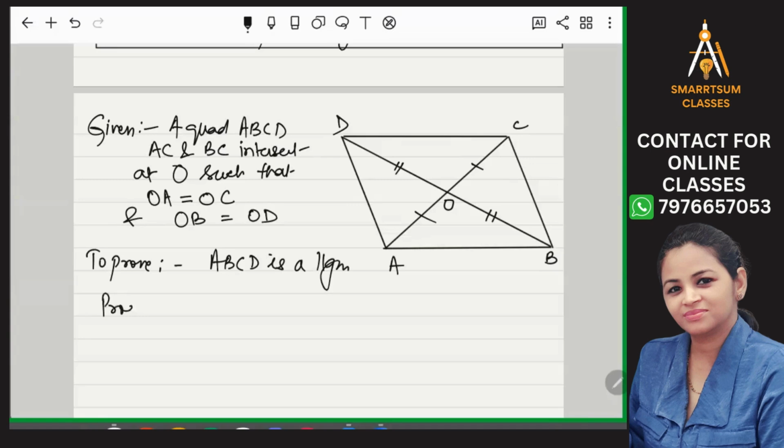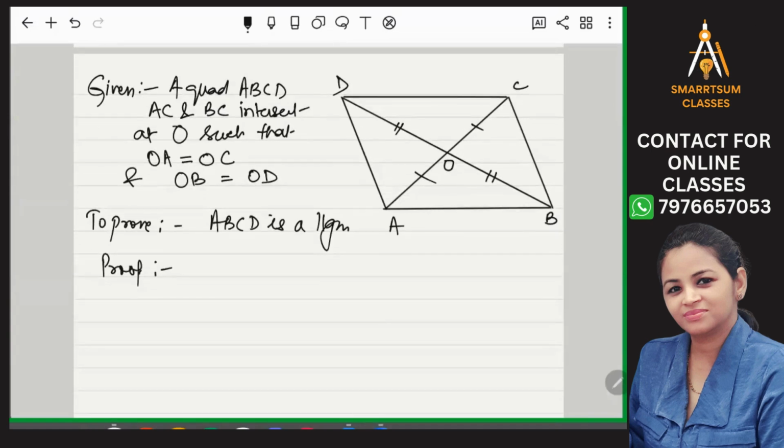Now, proof. As you can see in this figure, there are two triangles formed: triangle OAB and triangle OCD. OAB, this one, and OCD, this one.